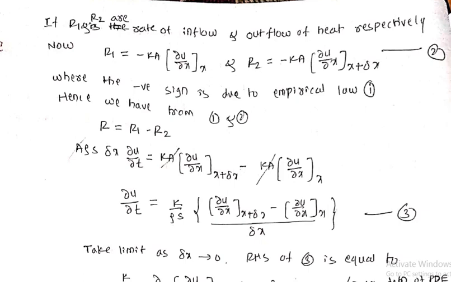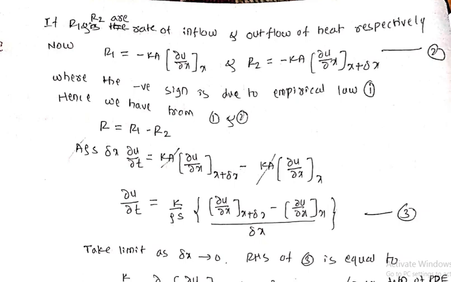R1 is minus K dou U by dou x at x, and R2 is minus K dou U by dou x at x plus delta x. So R1 minus R2 gives minus K dou U by dou x at x, minus of minus is plus, plus K dou U by dou x at x plus delta x. R2 is taken as the first term and R1 as the second term.